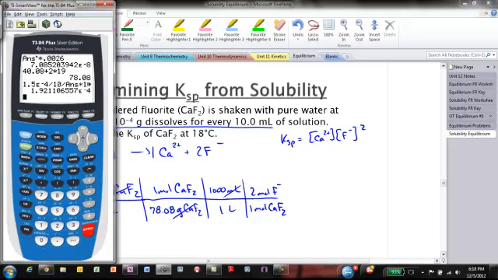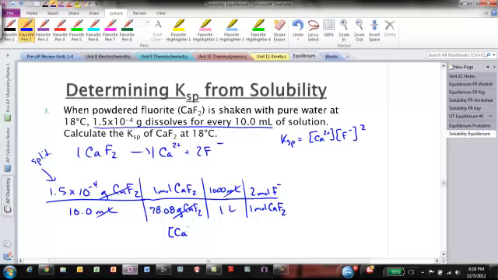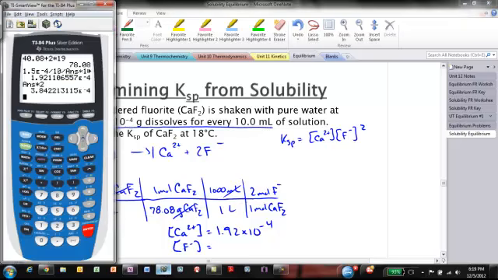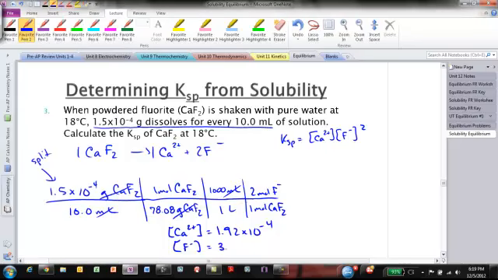Okay, that's going to be my Ca2 plus, and I'm going to multiply that by 2 to get my F negative. So those two answers: 1.92 times 10 to the negative 4th is my Ca2 plus, and my F negative is 3.84 times 10 to the negative 4th.